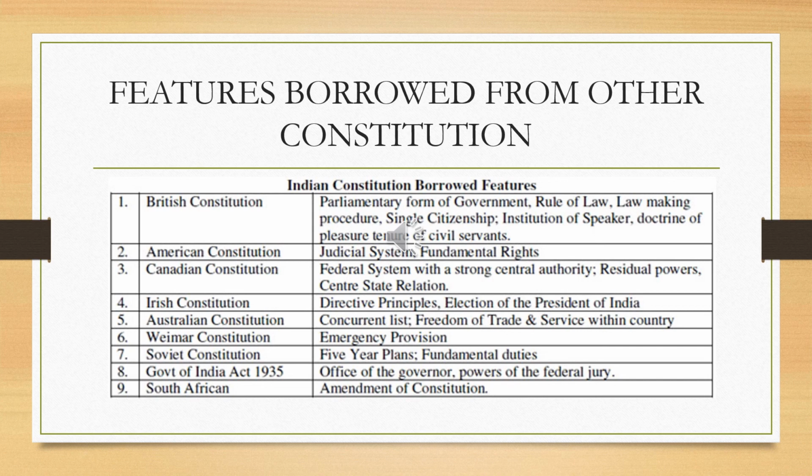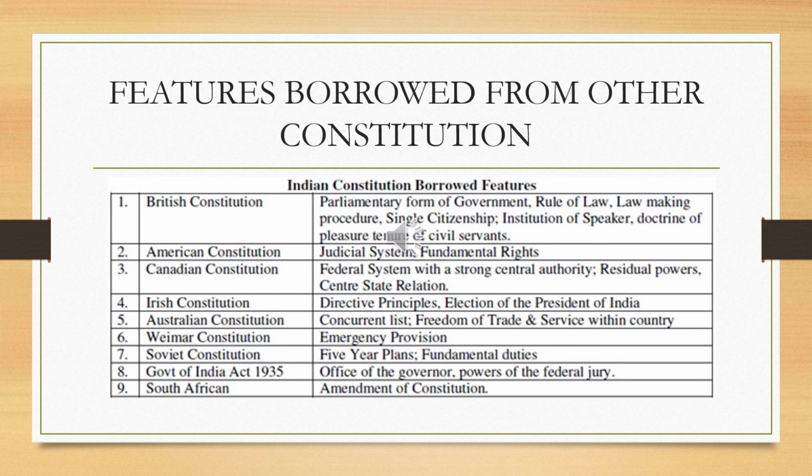Single citizenship means with only one voter card we can move to any part of the country, to any state or any province. For that we need not apply for a separate voter card or passport.